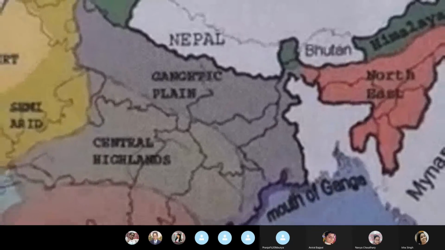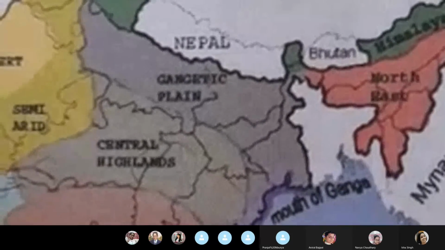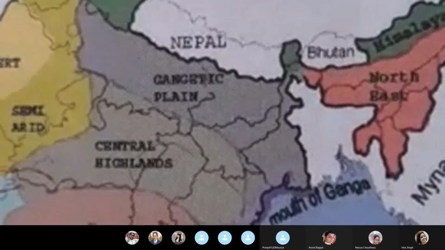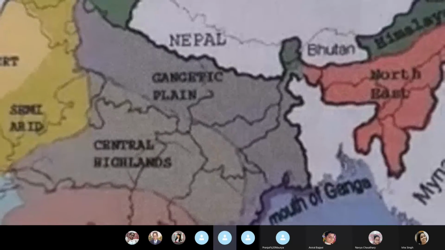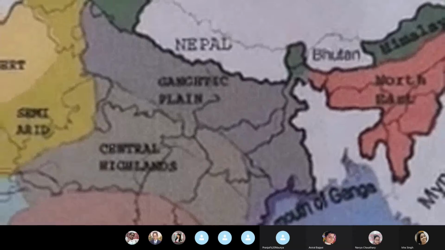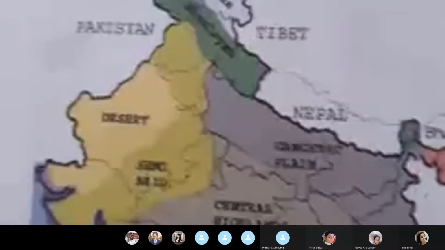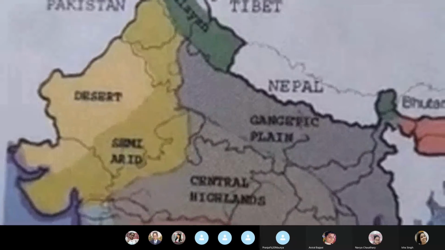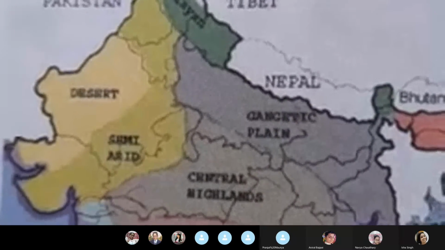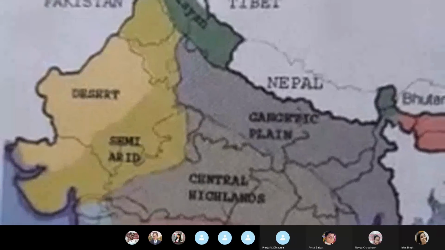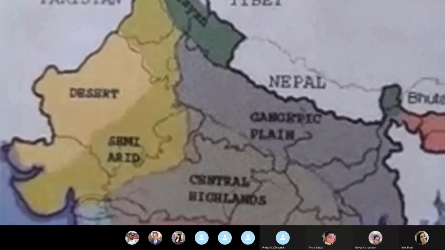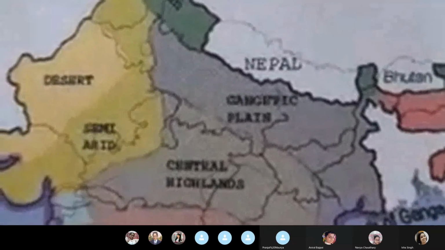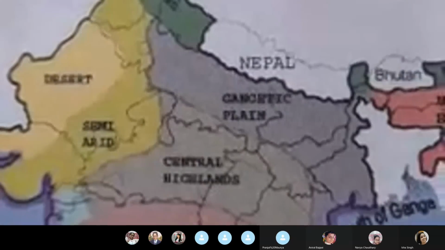Okay, northern part is known as Northern Sircars, southern part is known as Coromandel Coast. Just as in the Western Ghats, the northern part is known as Konkan Coast and the southern part is known as Malabar Coast. So let us revise it. Konkan Coast, Malabar Coast, Northern Sircars and Coromandel Coast. Will you remember these terms?